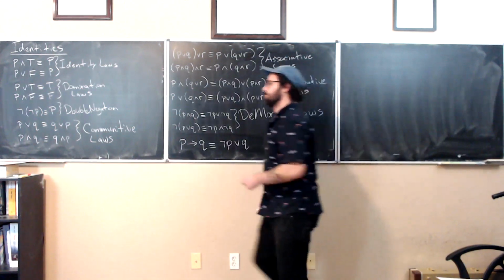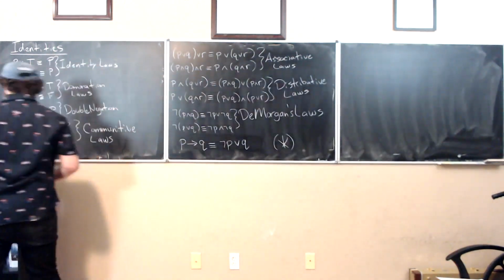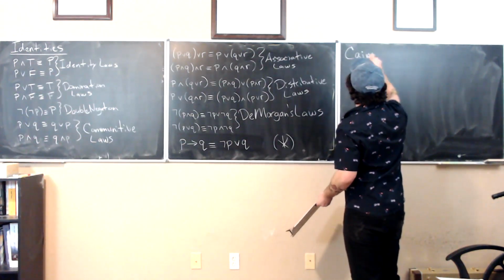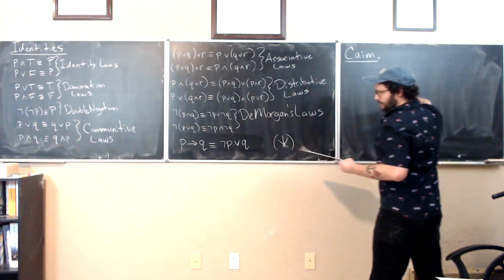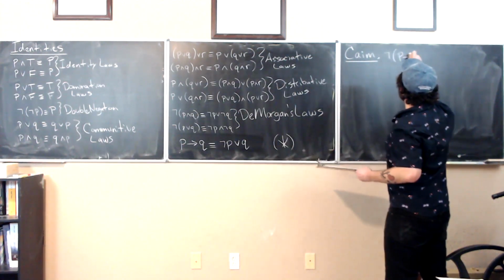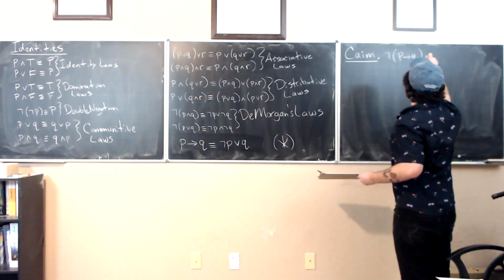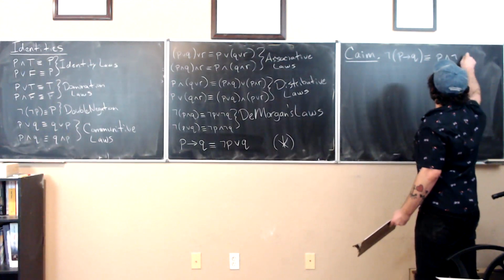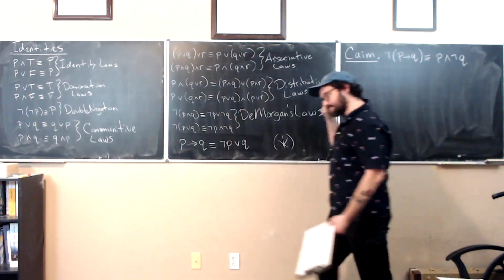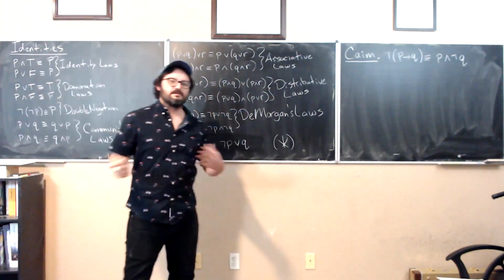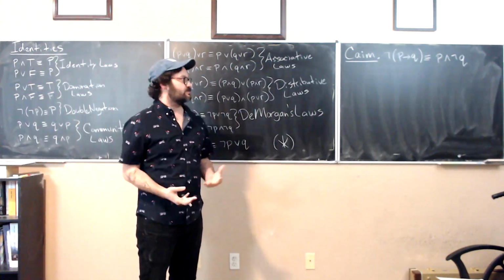I claim that the negation of if P then Q is logically equivalent to P and not Q. Now that's the statement that is used when proving mathematical claims by contradiction.